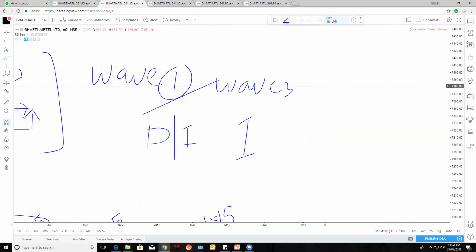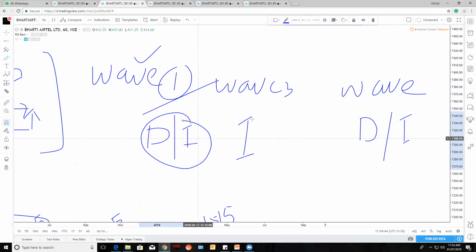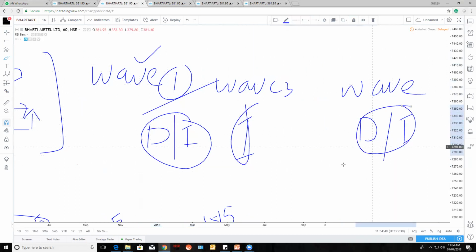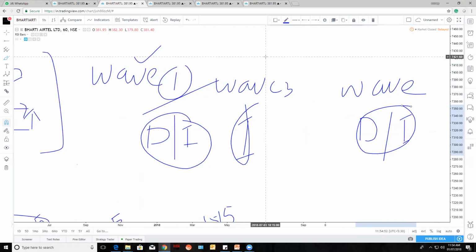Wave 5 may be a diagonal or else an impulse. Got it? So wave 1 may be an impulse or a diagonal. Wave 3 should be an impulse. Wave 5 is a diagonal or else an impulse. Got it for the rules?